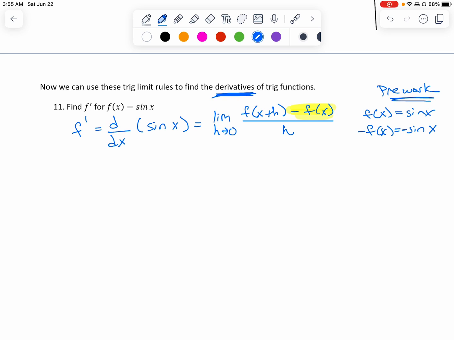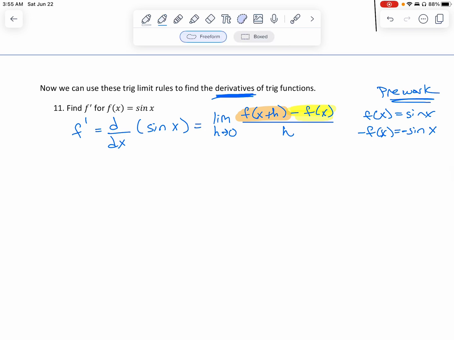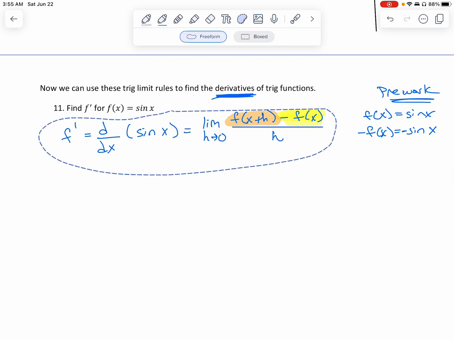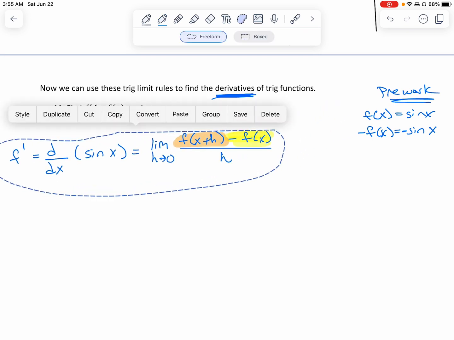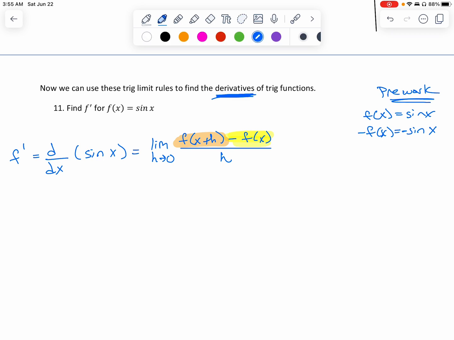For the first one, the f of x plus h, what does that look like? We need a little more space for that one. So f of x plus h equals sine of x plus h. Now we can't separate the x plus h because it's being taken as the full input of sine.